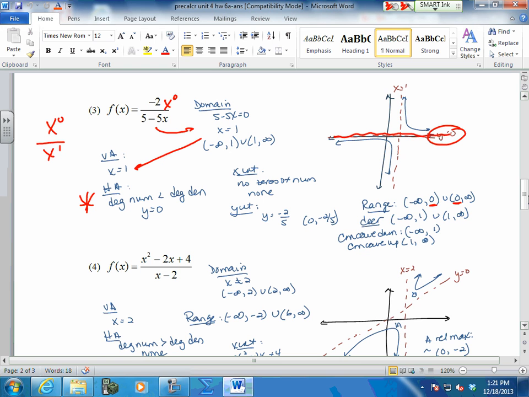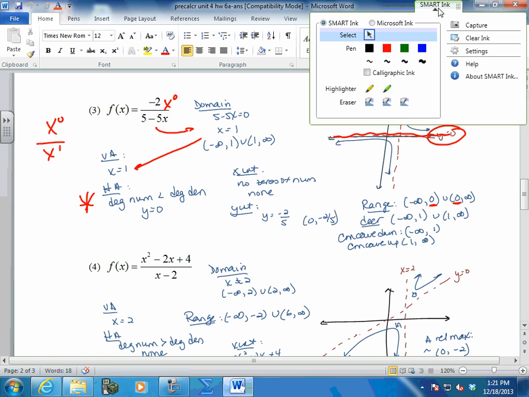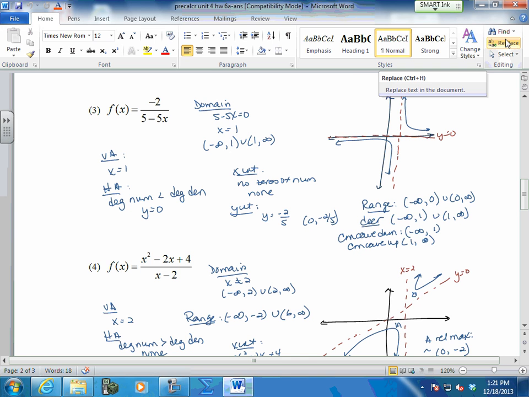Your vertical asymptote will be after you factor it. We're going to see that today. And the rest, guys, concavities, they work the same. It's the same as we did before. This is considered concave down. This guy's considered concave up.